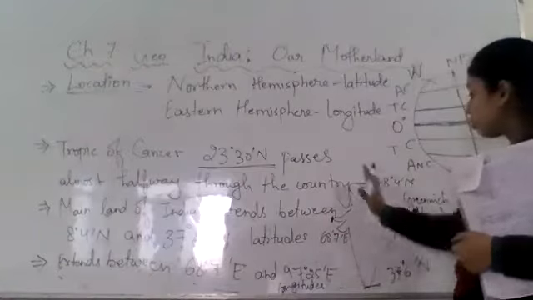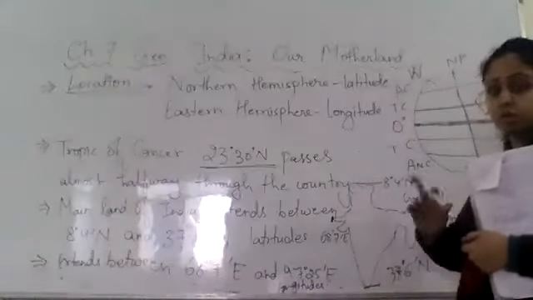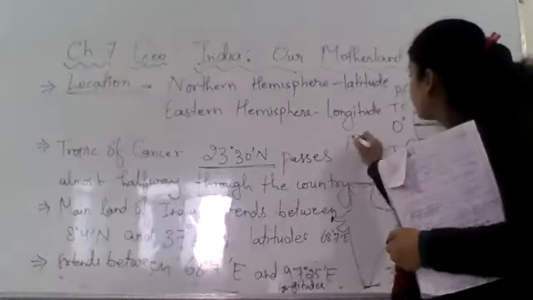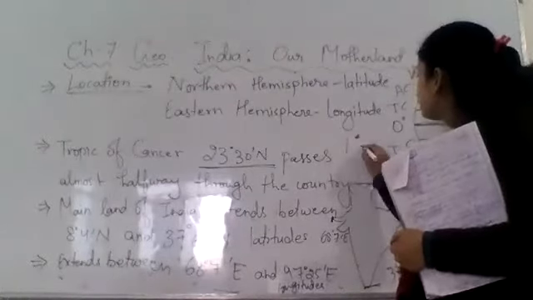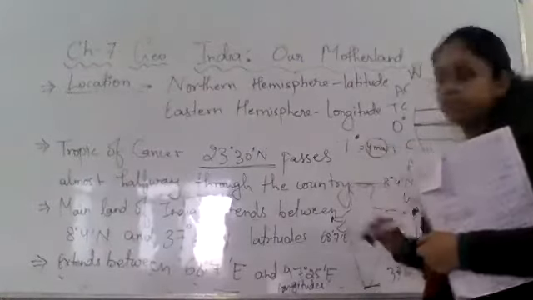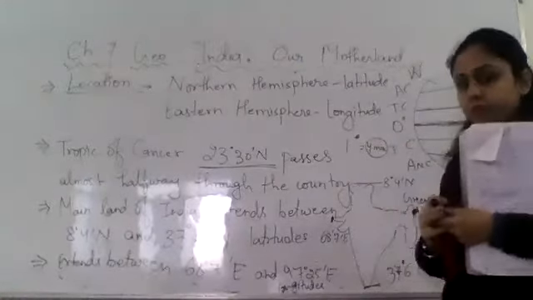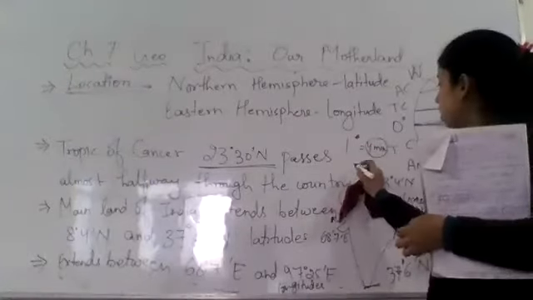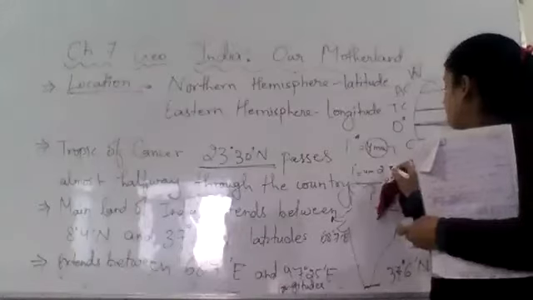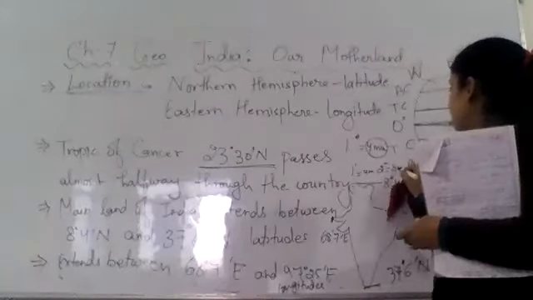So here also, and we also told that on every 1 degree there is a change of 4 minutes, right? If you are on 1 degree, there will be 4 minutes. If you go to 2 degree, there will be 8 minutes.